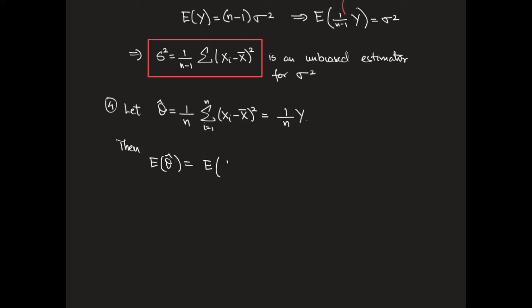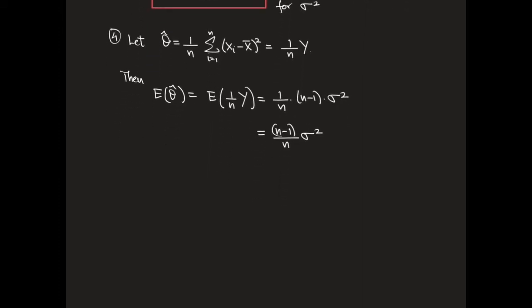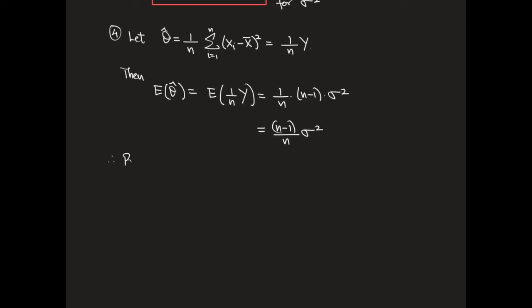A simple calculation then shows that the expected value of theta check is going to be equal to (n minus 1) divided by n times the population variance sigma squared. As a result, the bias of theta check, if theta were the population variance, ends up being minus sigma squared over n.